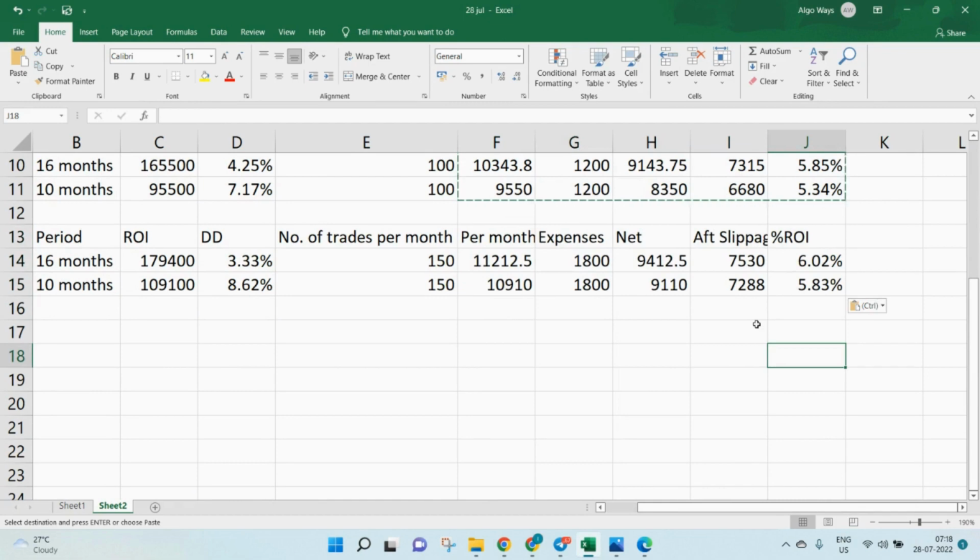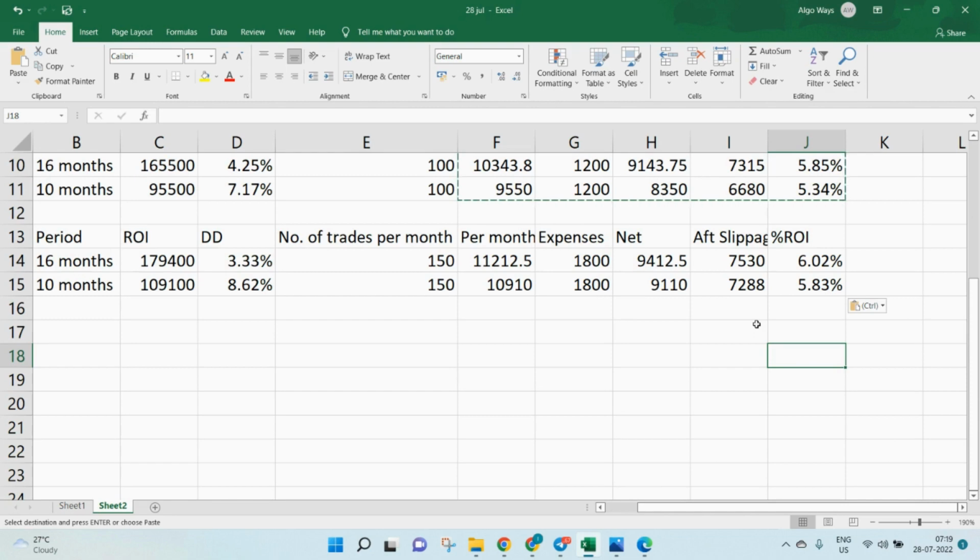It is not something like a backtest was done, took the gross figure, divided by number of months and calculated the percentage. We are reducing all the expenses. We are reducing a 20% slippage from the profit. So that is a very worst case scenario.